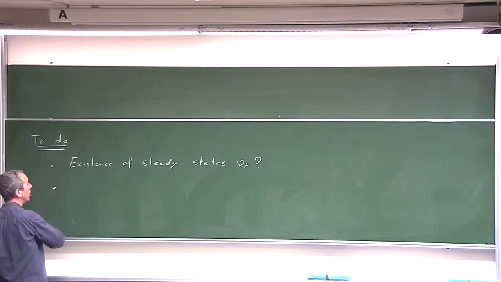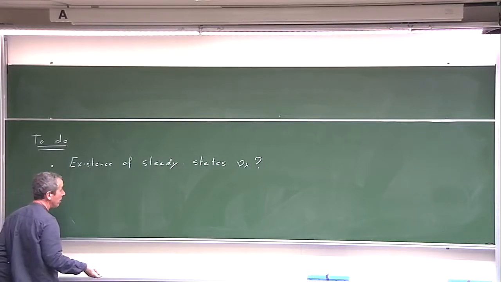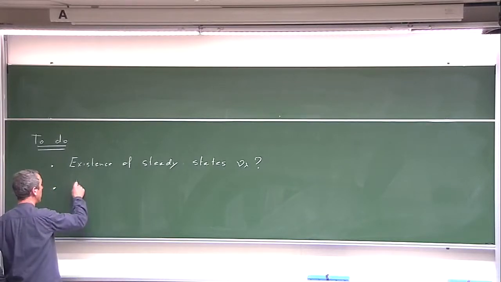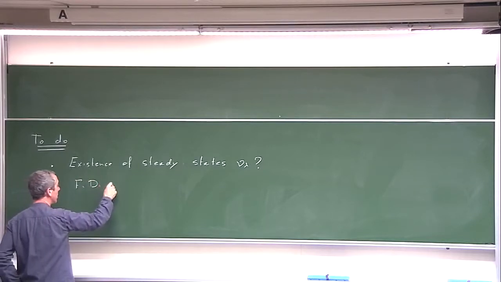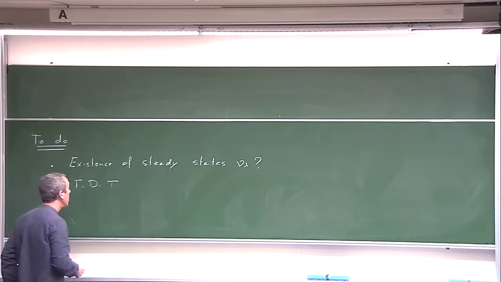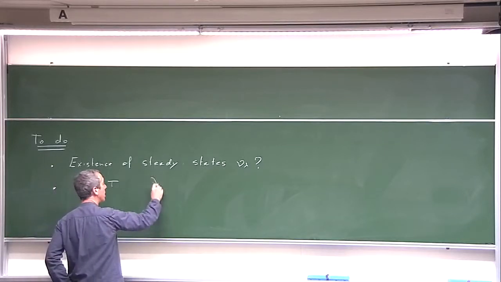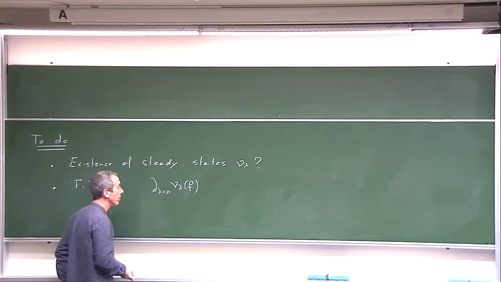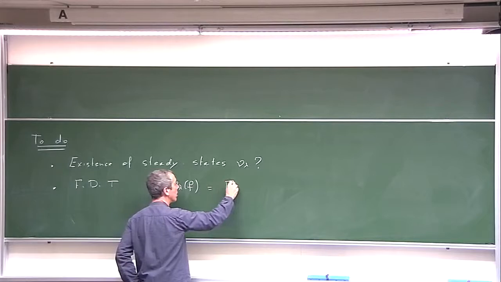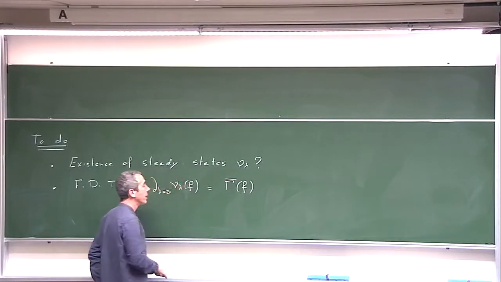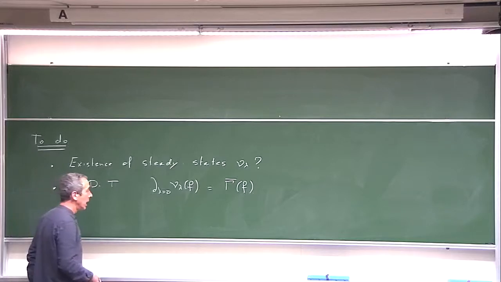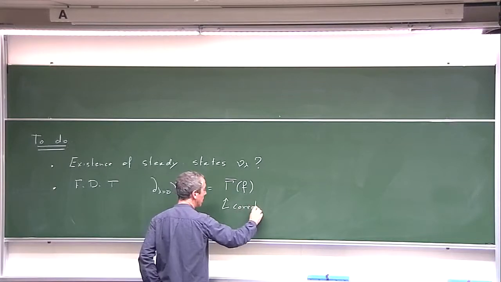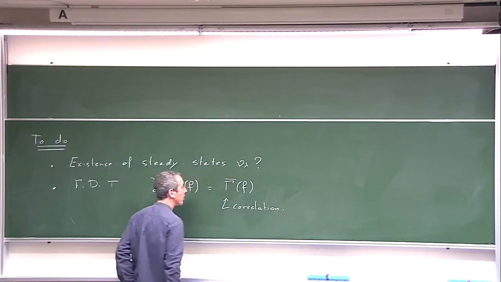And then provided we can construct steady states, we can ask about whether we have this fluctuation-dissipation theorem or relations, which would allow us to express the derivative of the steady state on a certain function as some correlation. So, an expression like that, where this is something we discussed in the first lecture. This is some kind of, well, this is some correlation operator.